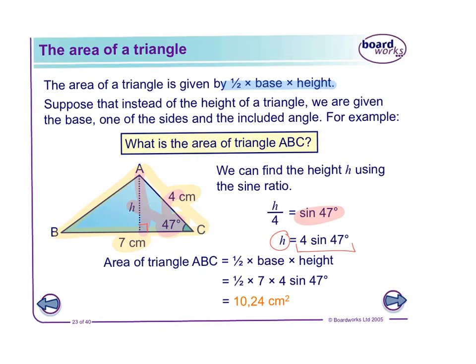It will be equal to 4 sine 47. Now, if we were to look at the triangle ABC, we could take half of the base, which is 7, times the height, which is h. So half base times height, because we have a perpendicular. As long as we've got that perpendicular height, then we can use our old formula. But we know our height is equal to 4 sine 47. And so half 7 times 4 sine 47 gives us the area of this triangle. We don't have our h anymore because that's what we constructed in, and we've got the area of our full triangle.